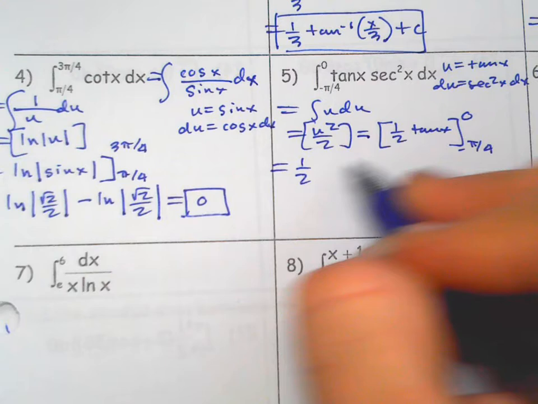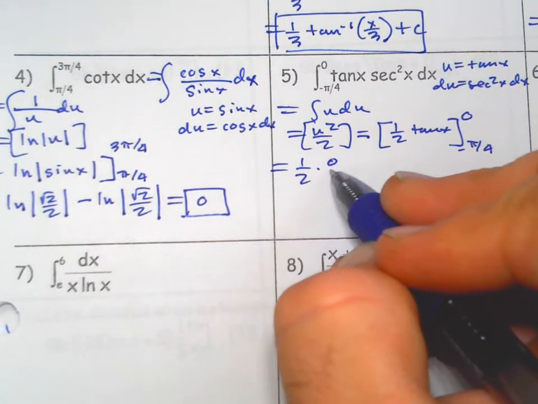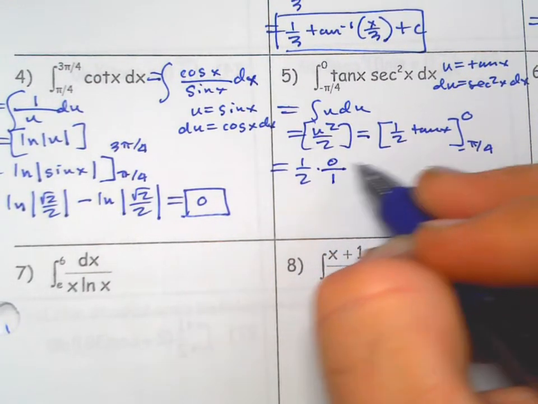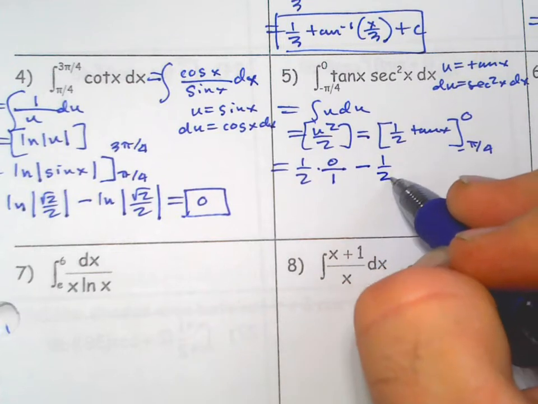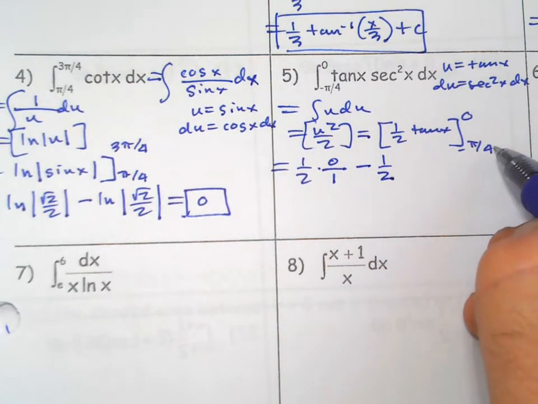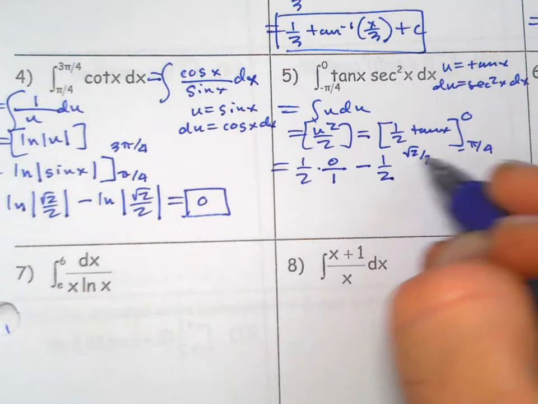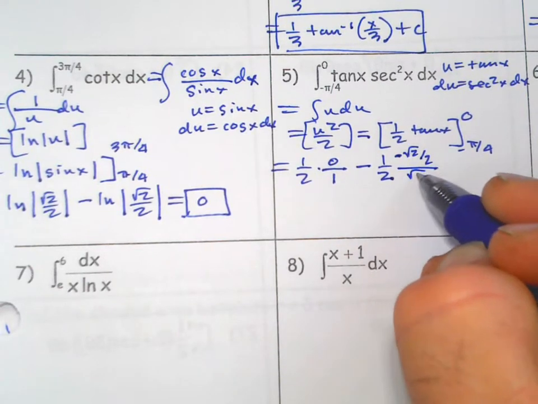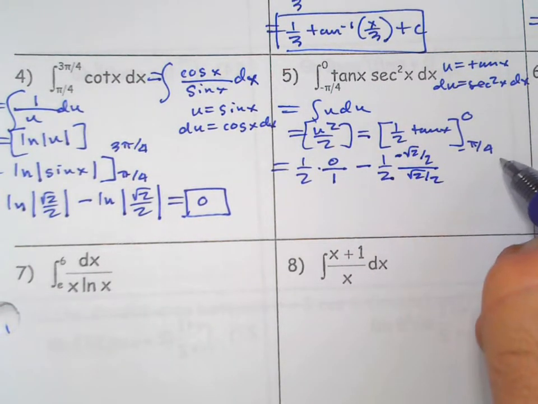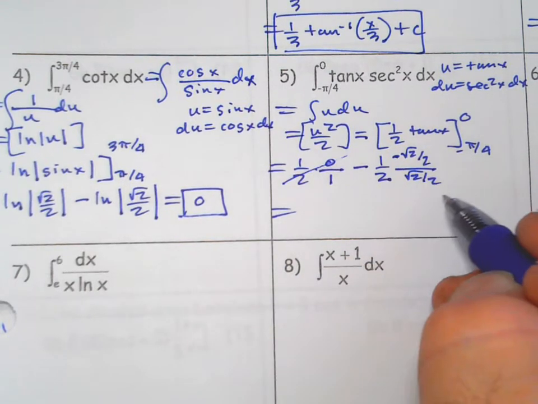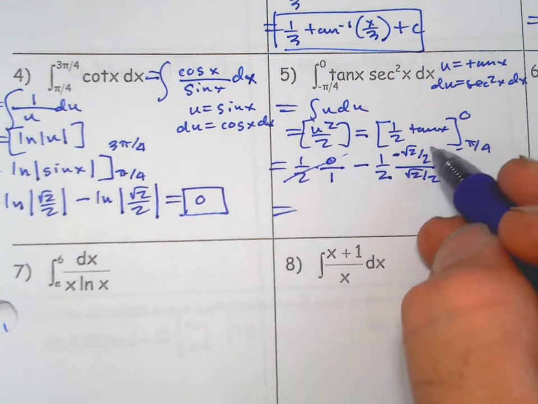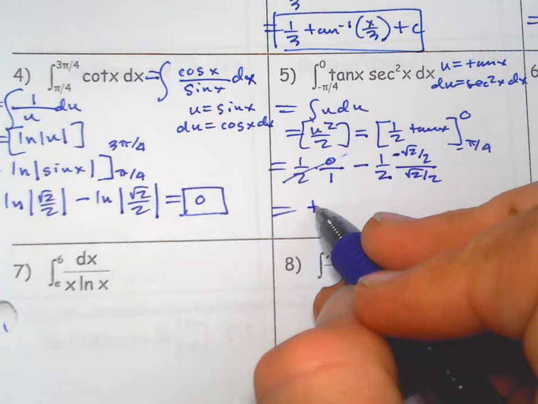So sine of 0 is 0, and cosine of 0 is 1, minus sine of negative pi over 4 is root 2 over 2 in quadrant 4, so it's negative. Cosine is root 2 over 2, it's positive. That goes away. So that's going to become positive 1/2.